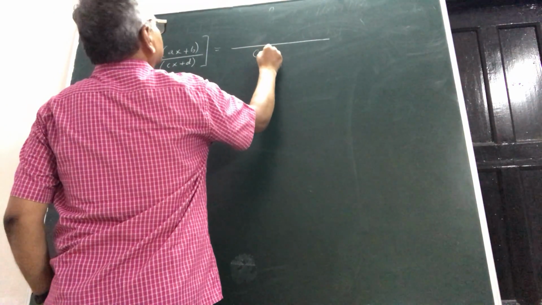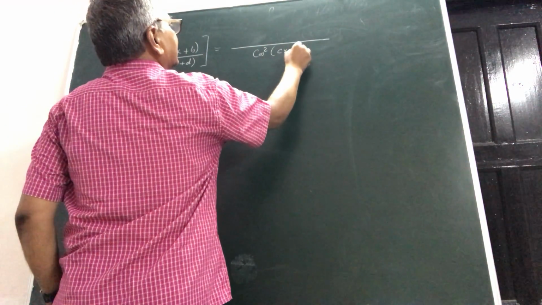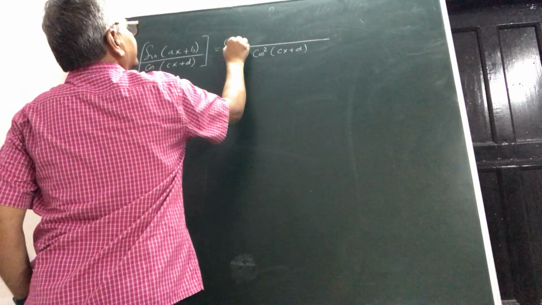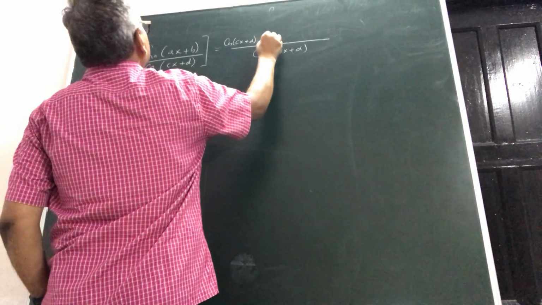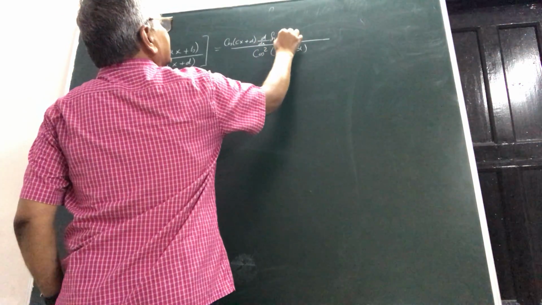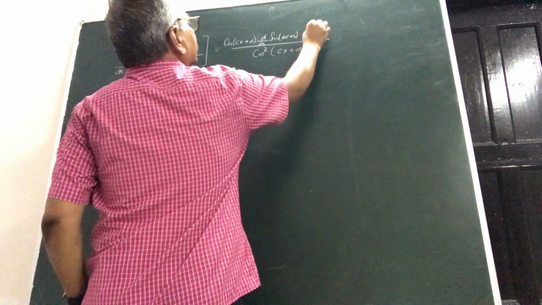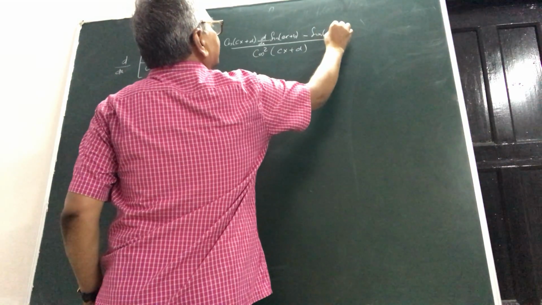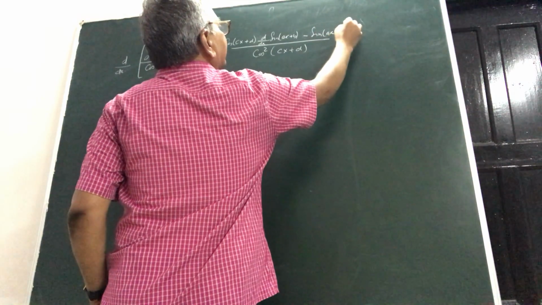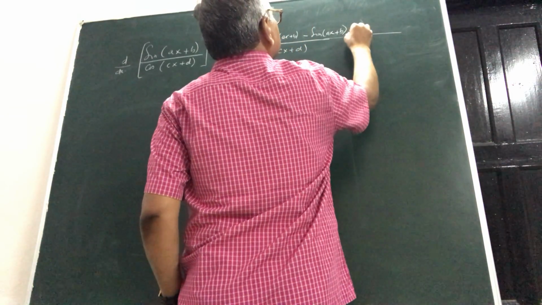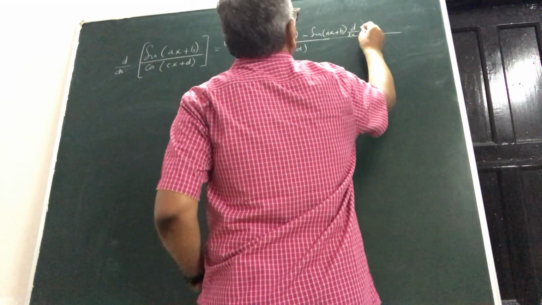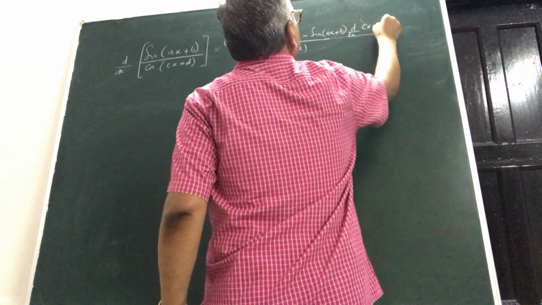So cos square of cx plus d in the denominator, and denominator cos cx plus d times the derivative of the numerator sin ax plus b, minus numerator sin ax plus b times the derivative of the denominator, cx plus d.